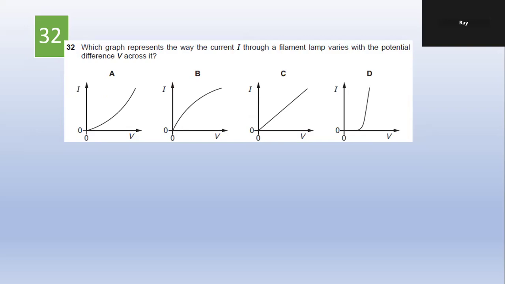Oh, this is the right way. Okay, filament lamp. Yep, A. B. Wait, what? I mixed up. Ohm's law is for the wire, this is for the diode. Memory work, diode.